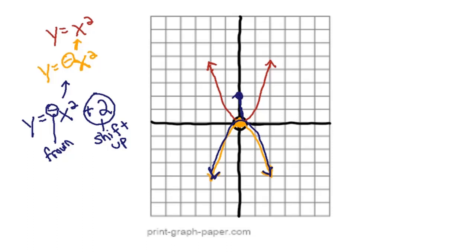So here we go. So this would be negative x squared, because it's a frowny face, plus 2, because it's 2 higher than the middle 0 on the graph paper.